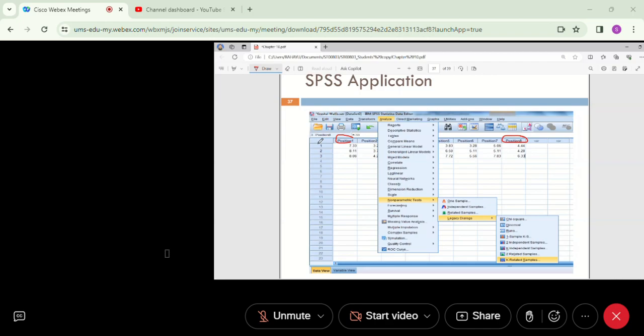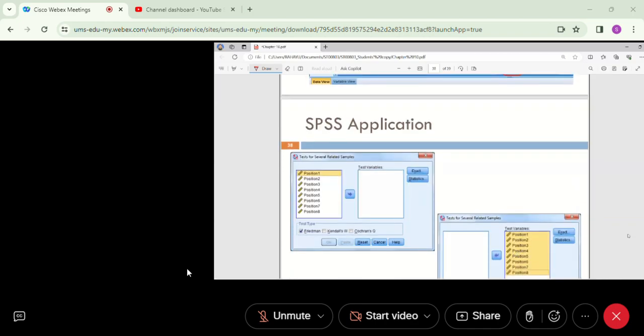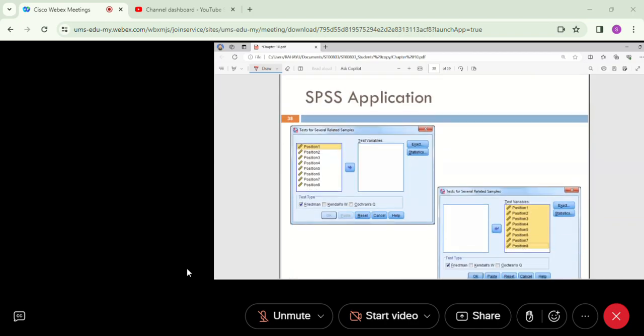Okay, remember the row represents the same batch, and the column represents different positions. So you go to analyze, non-parametric tests, legacy dialogs, and K related samples. And then when you key in your data, it will look like this.